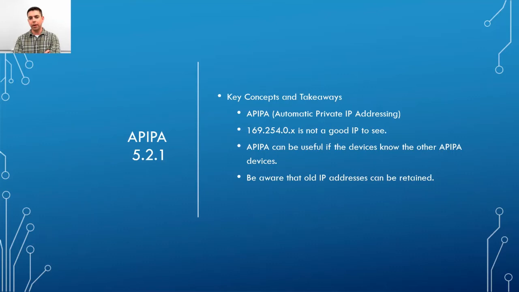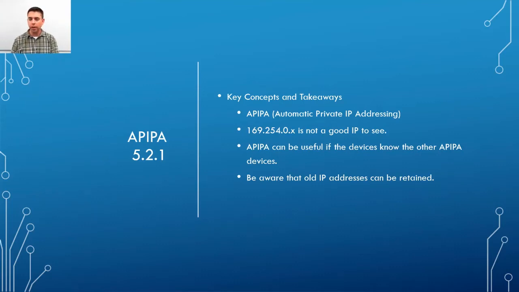They talked about APIPA, how Windows will step in and assign an IP address to a device if it loses contact with the DHCP server, and how that is used to connect devices on a network, regardless if there's a DHCP server. If they've lost contact with the DHCP server, they're supposed to still be able to connect to each other.